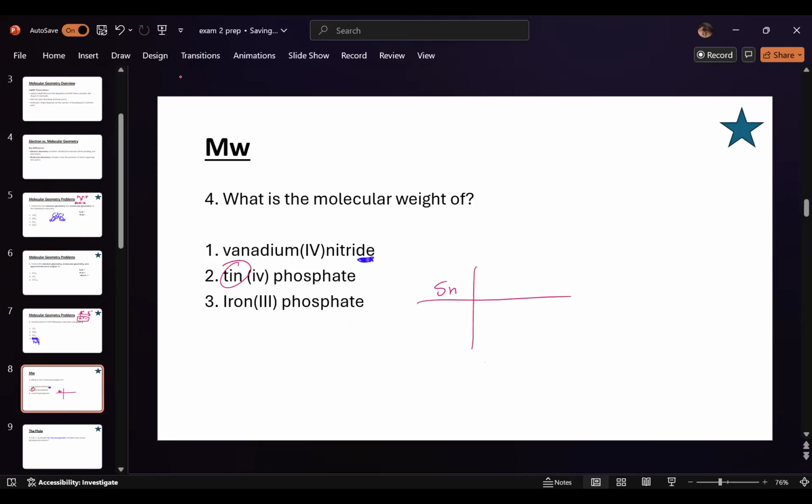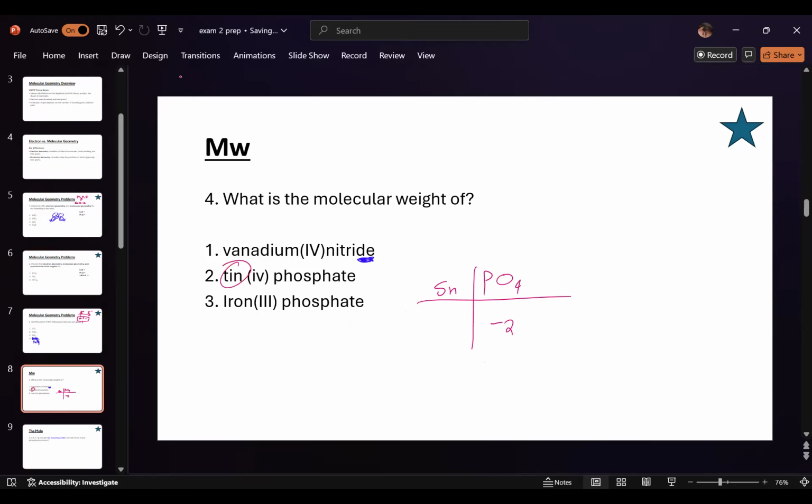And then you have phosphate, that is a polyatomic ion, PO4, with a charge of minus 3.